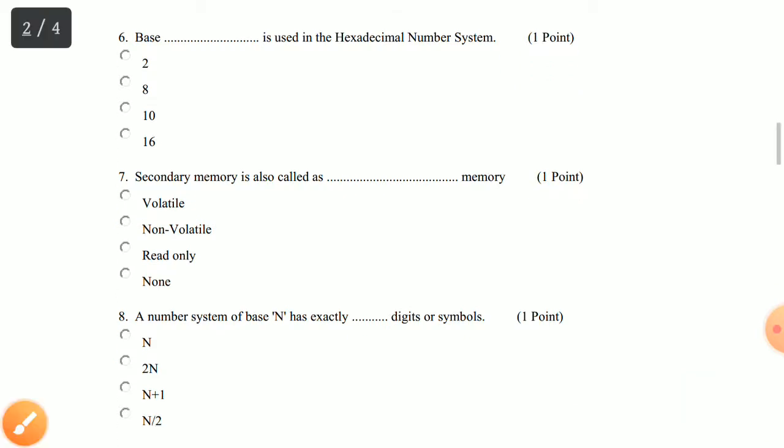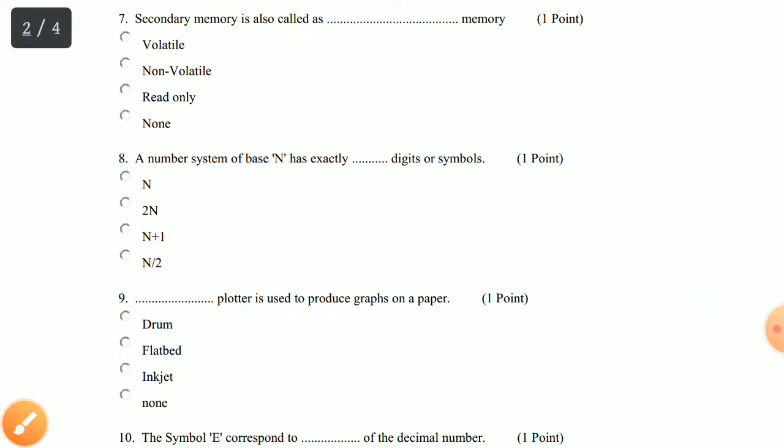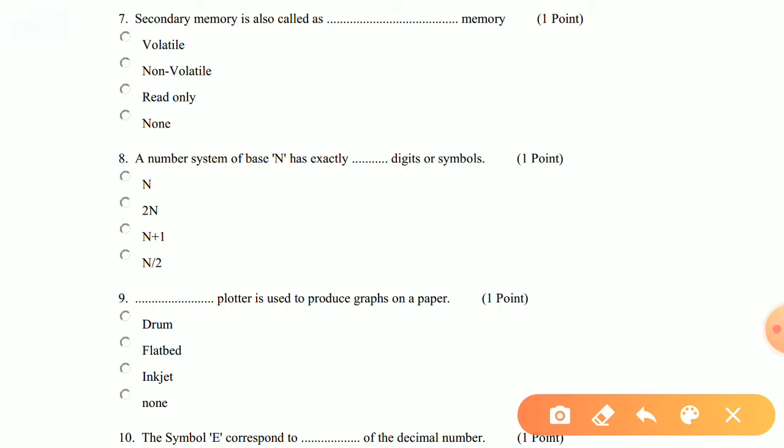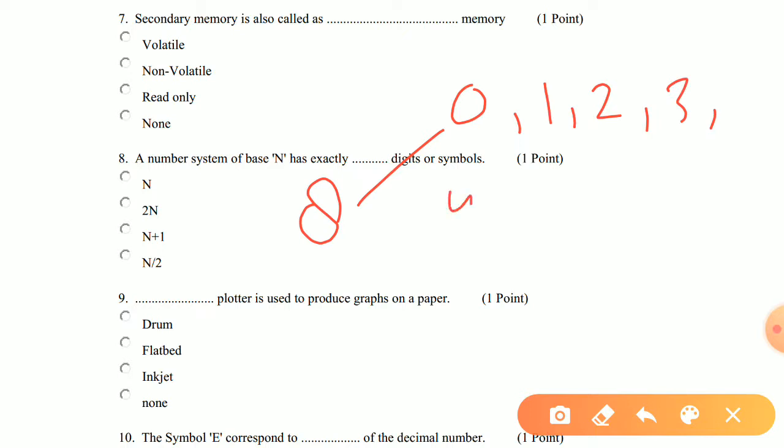For the eighth one, a number system of base n has exactly dash digits or symbols. The answer is n. You can take an example: binary has base 2 and two numbers, 0 and 1. Octal has base 8 and uses 0, 1, 2, 3, 4, 5, 6 and 7.